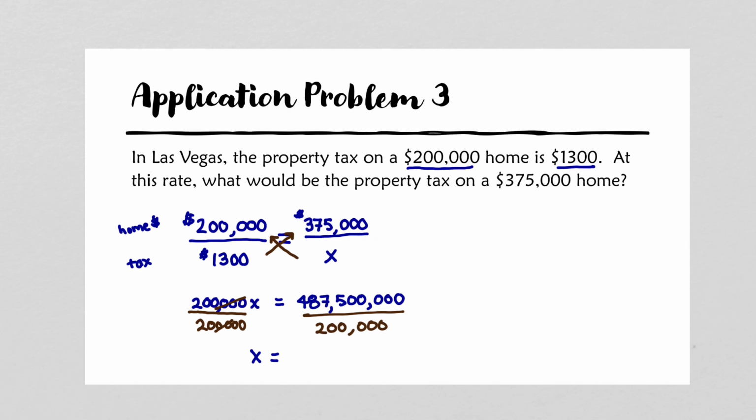And that gives us X is $2,437.50. I was going to say $24,000 is a little bit much for property tax, especially on a $375,000 home. So what is X? X is $2,437.50. That would be the property tax on a $375,000 home.